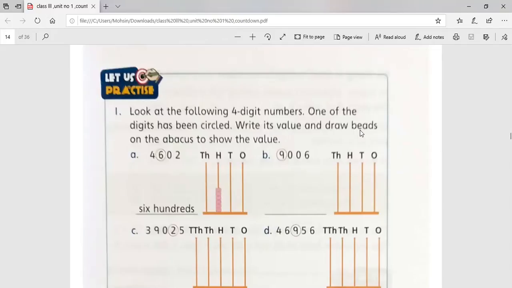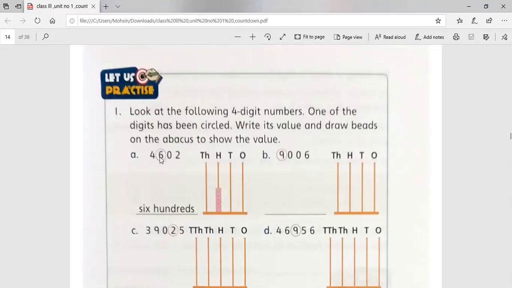Write its value and draw beads on the abacus to show the value. Again, I'm going to read the question so you understand. Look at the following 4-digit numbers. They are saying look at these parts. They contain 4 digits: 1, 2, 3.